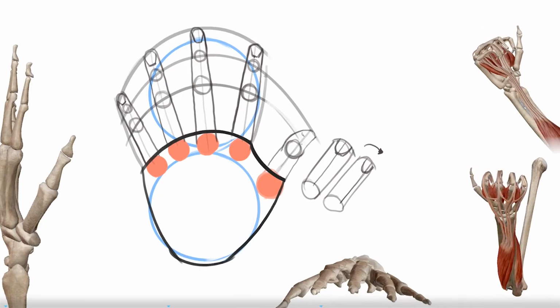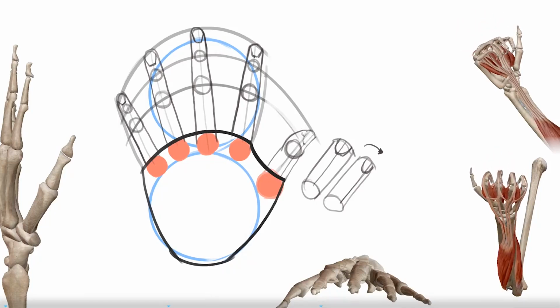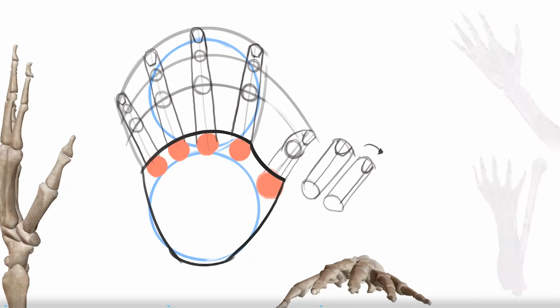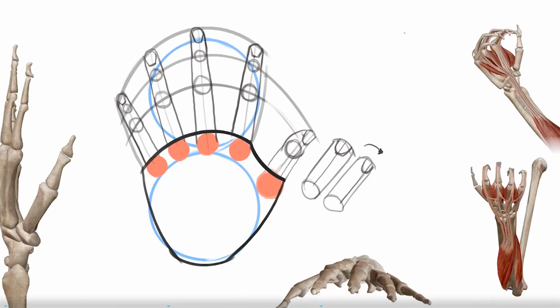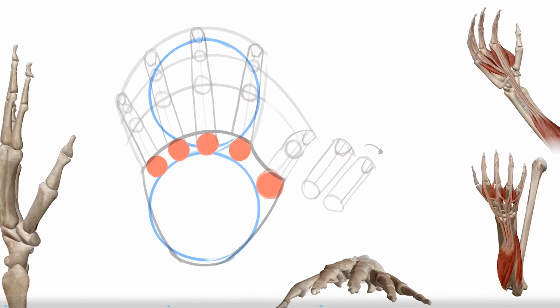And the nail is going to start again. If we consider that this line here is the center of the thumb, we can draw it here. This is going to be the root of the nail of the thumb on the side there. Now we would have a proper hand. Next up, we can just trace over all of this, and it should give us a really nice finished hand in the correct proportions.